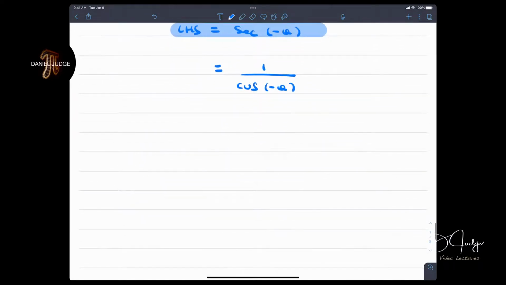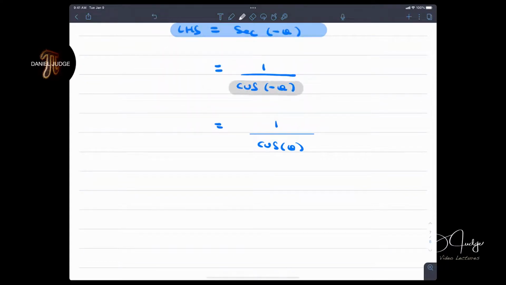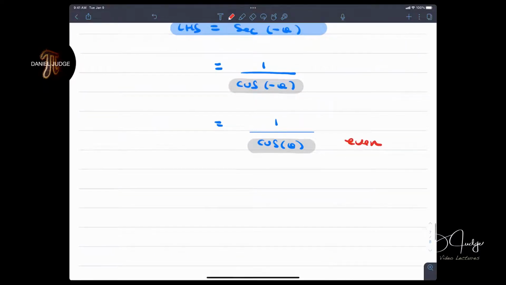And then you go, oh, well, I know about cosine. So I'm focusing on this cosine minus theta. That's the same as cosine theta because cosine is an even function. So if you want to notate that, you can notate that. Cosine's an even function.